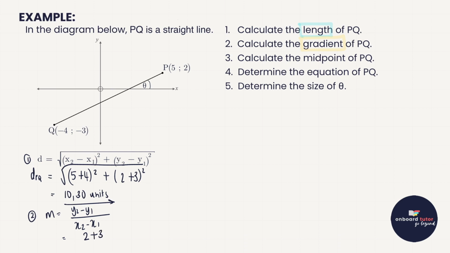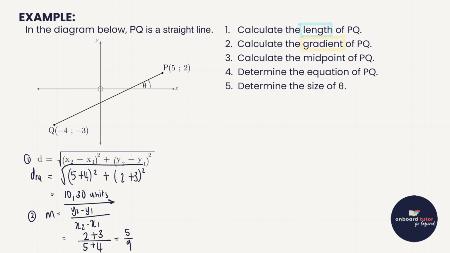So minus minus becomes a plus over 5 minus minus 4. Okay, so what do we end up with? That's going to be 5 over 9. Okay, so there we have it, question 1 and question 2.